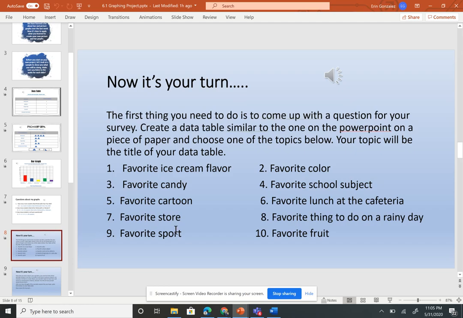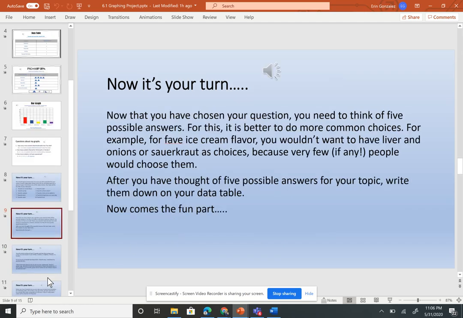You need to think of a topic for your research. You are going to collect data on something. You can either have your favorite ice cream flavor, favorite color, favorite fruit, and so on. You pick. The thing that you need to remember is you need to come up with these 5 possible choices.